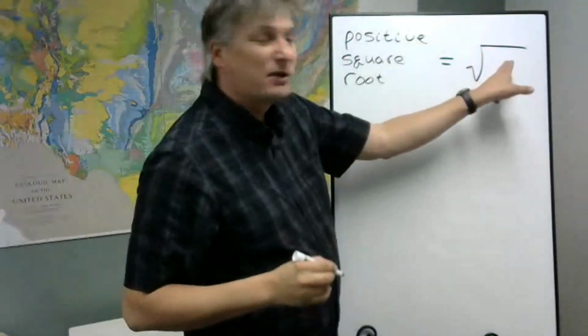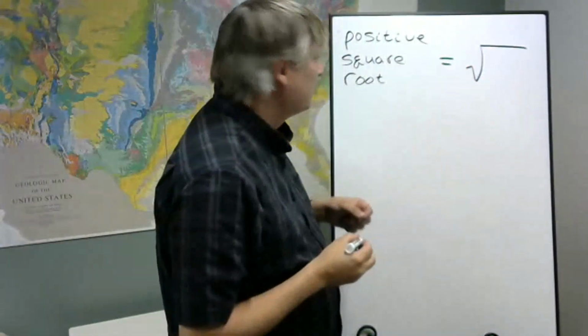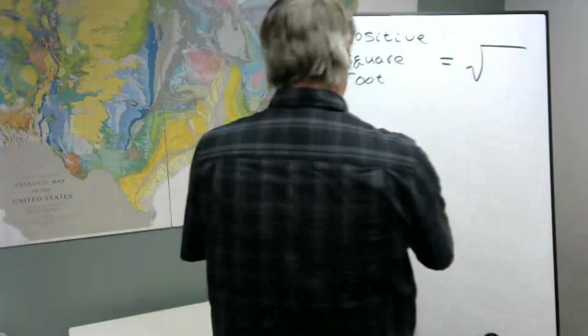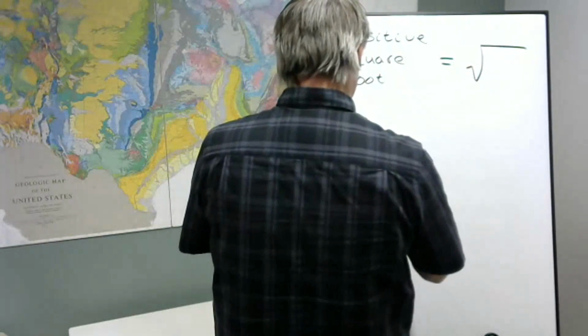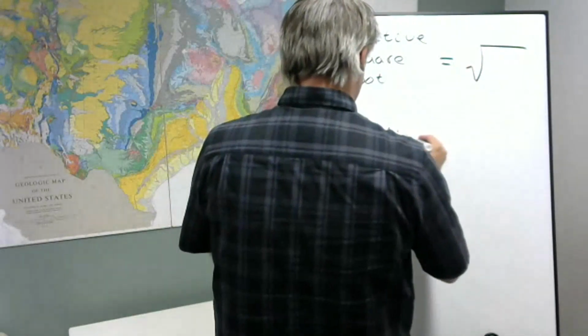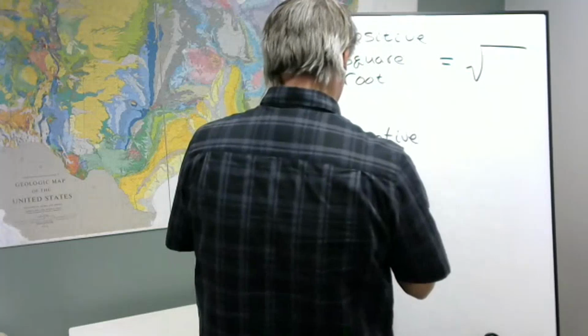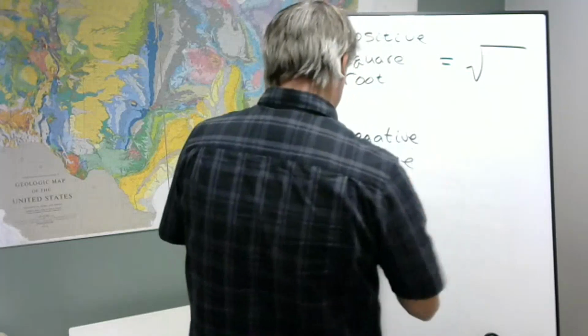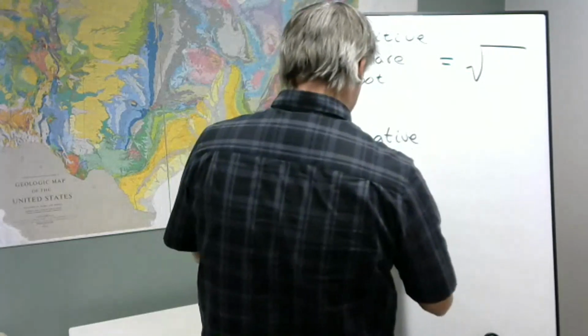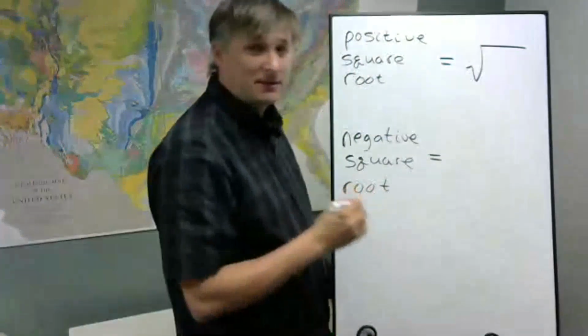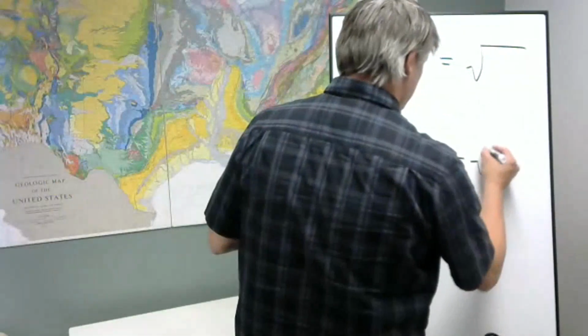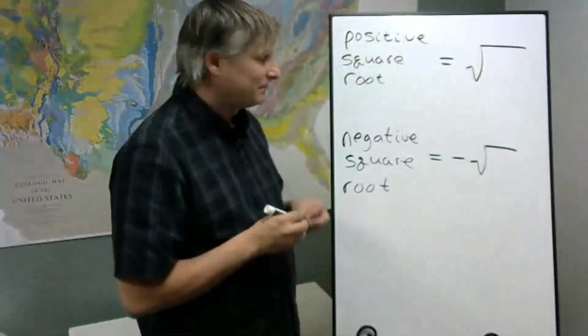We usually put our number in here. The negative square root is symbolized with that.